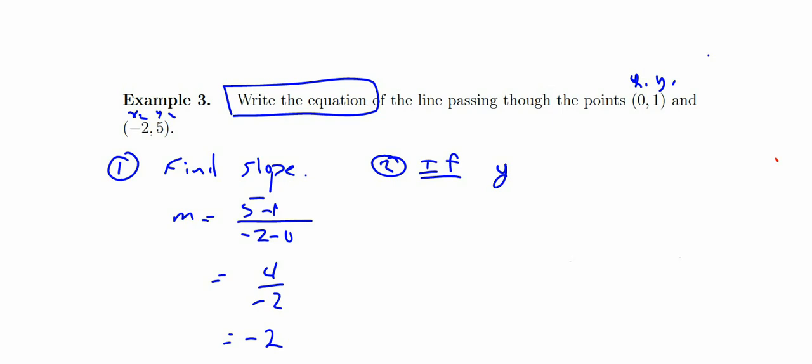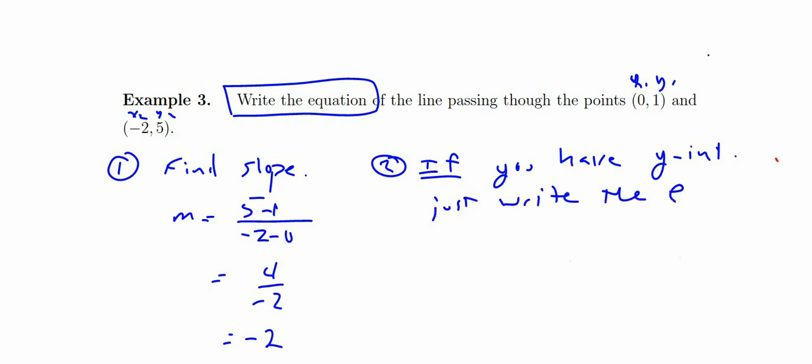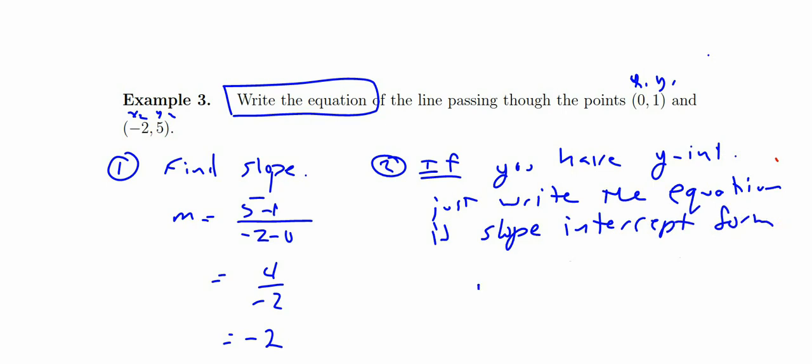If you have the y-intercept, just write the equation in slope-intercept form. So this is going to be y equals negative 2 times x plus 1.